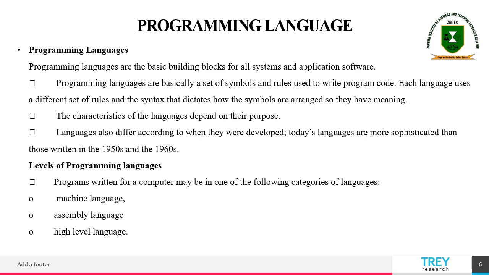The computer only understands zeros and ones, which we call binary digits. There's also an assembly language. We want to look at that one. High level language is basically normal English, the language that us human beings are able to understand.